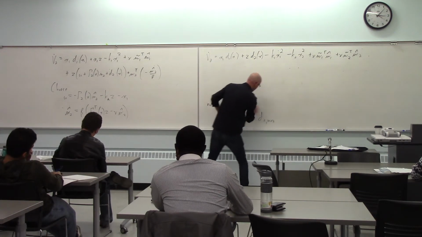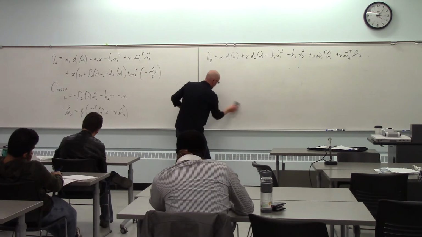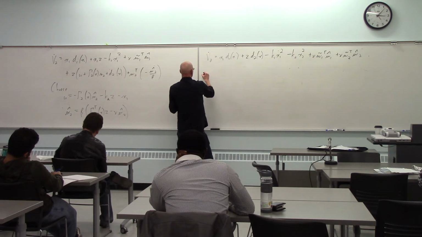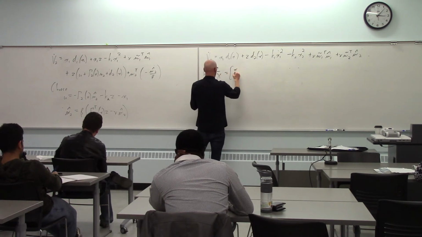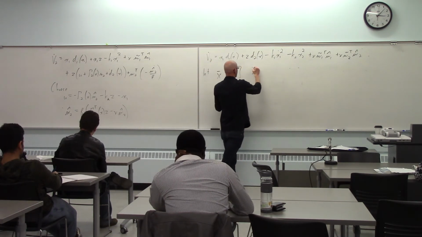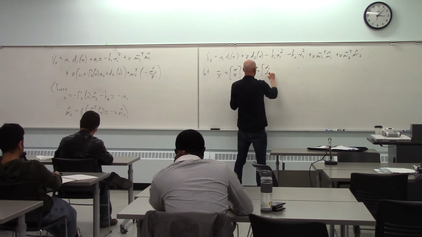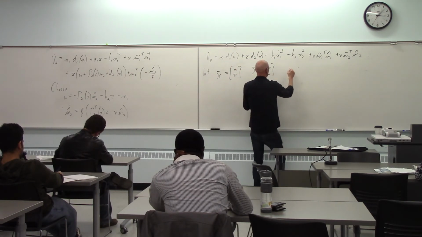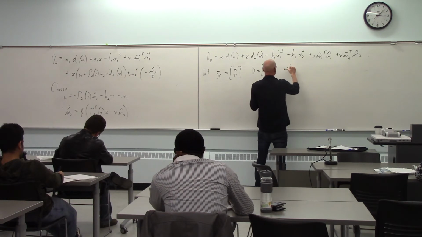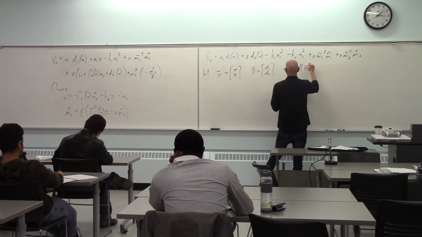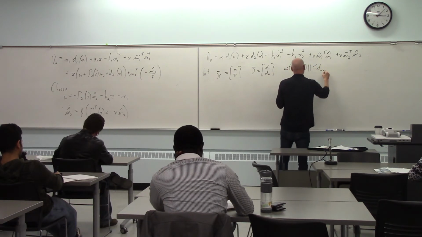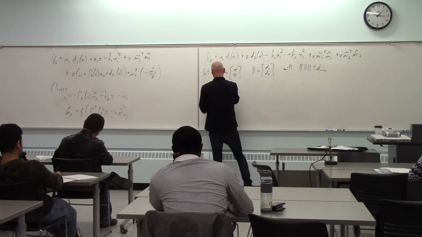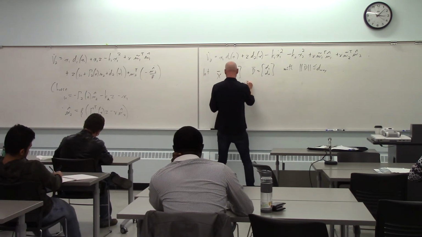So we analyze stability. Let's call x bar equal to the vector x1, z, and d bar equal to d1, d2, with the norm of d bar being less than or equal to d max. I'll call k bar the matrix with k1, k2 on the diagonal.